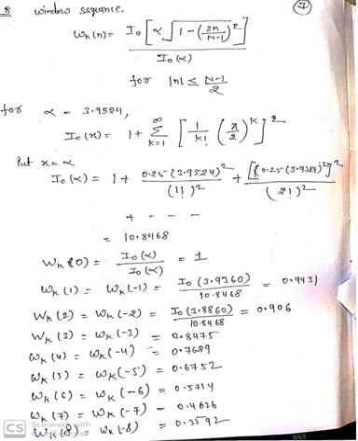Then put the value of alpha in this expanded equation, and we get I0(α) equals 10.8468. And wk, for the window sequence, put n equals 0, n equals 1, n equals 2, and n equals 3. For the simplification, we will take w1 and w−1 for n equals 1 and n equals −1, because we have taken the range from −(N−1)/2 to +(N−1)/2.